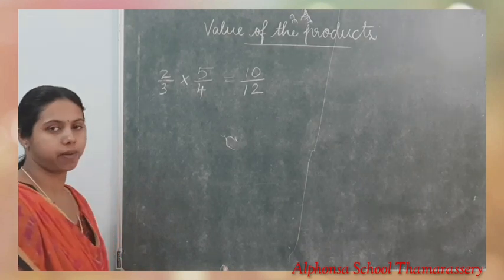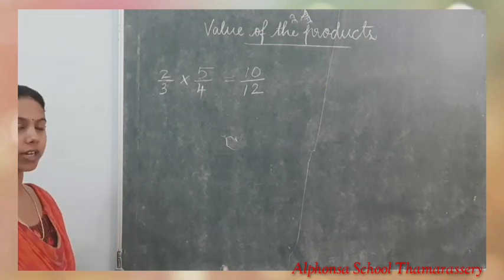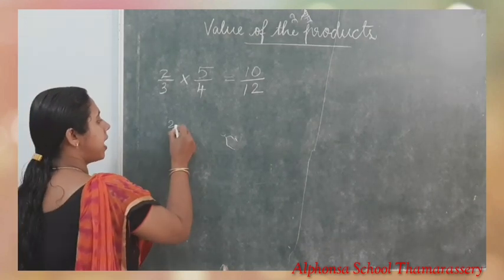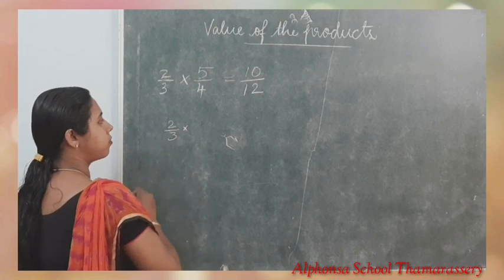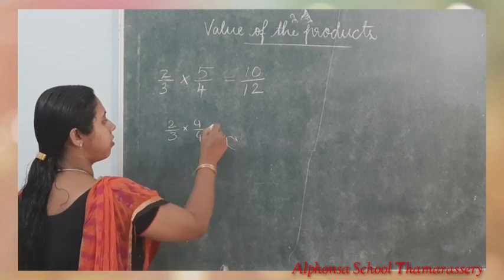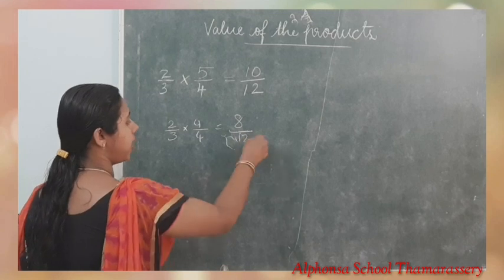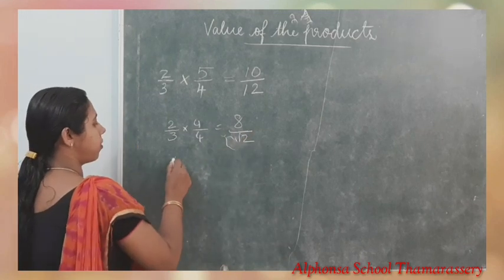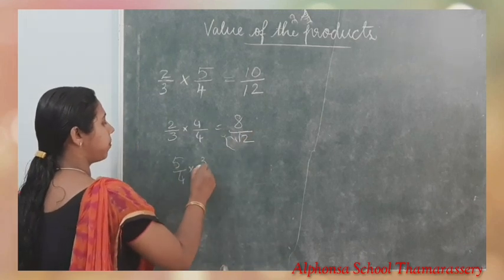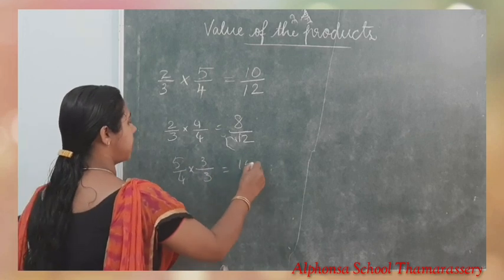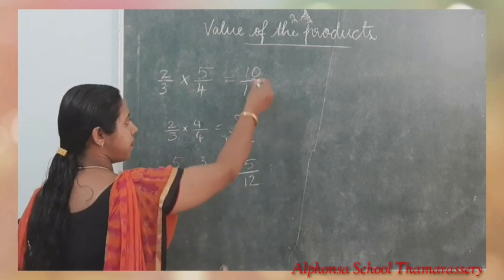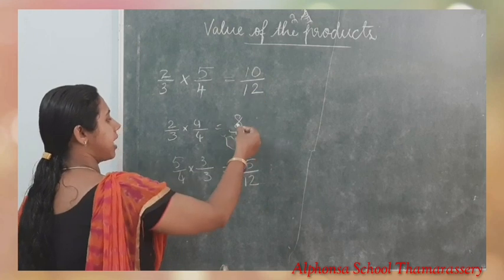10 by 12. When you compare these fractions, 2 by 3, the equivalent fraction, if you multiply by 4, will be 8 by 12. And 5 by 4, if you multiply by 3, we will get 15 by 12. Now compare these three fractions, the product and each fraction.